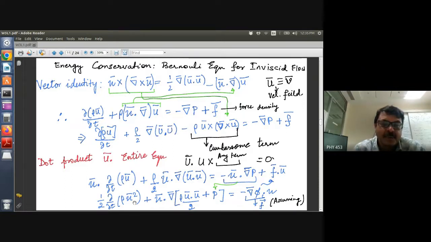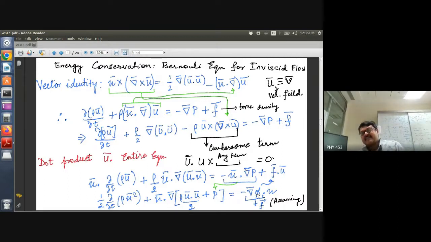And now you see that it's quite nice because you can identify it with the kinetic energy density, right? And if it's incompressible flow, you can put the rho inside, and then again you can identify this with the kinetic energy density, and the pressure term sits here.